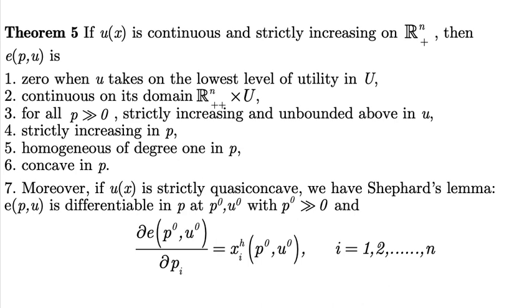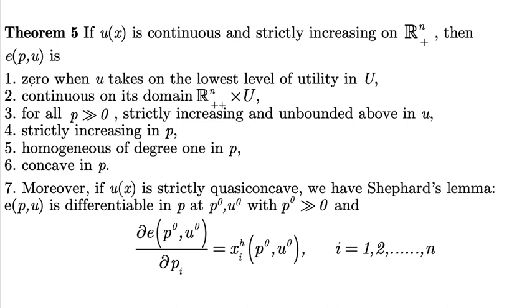Let's look at theorem 5. If the direct utility function U(x) is continuous and strictly increasing on non-negative real numbers with n types of goods, then the expenditure function, as a function of price and utility, has these properties, which are more or less 7 properties.